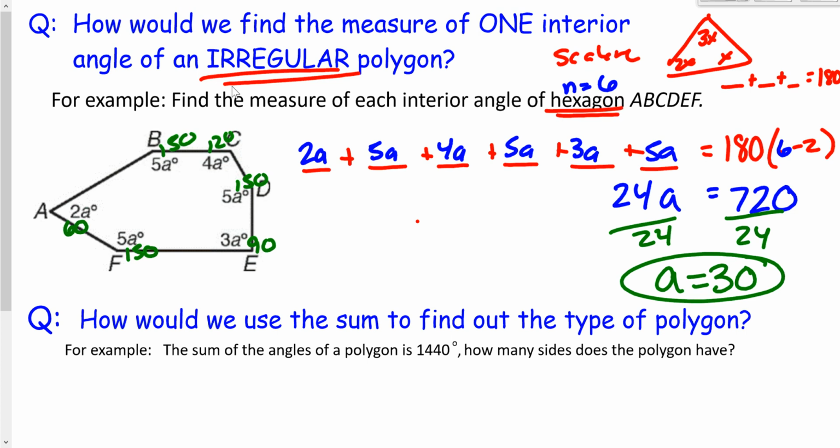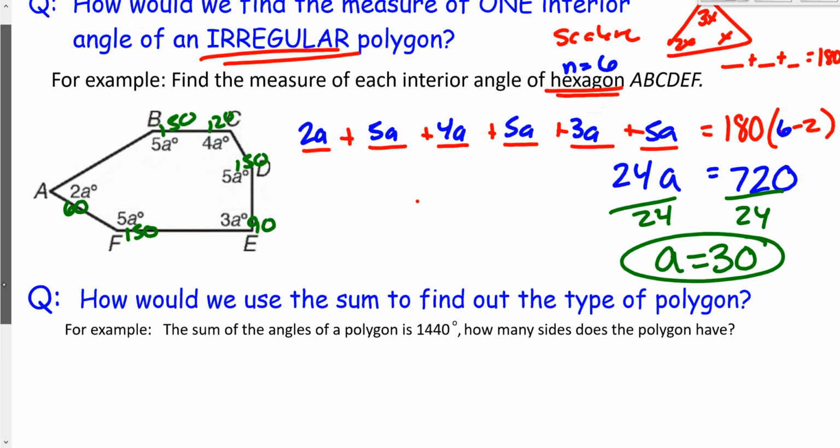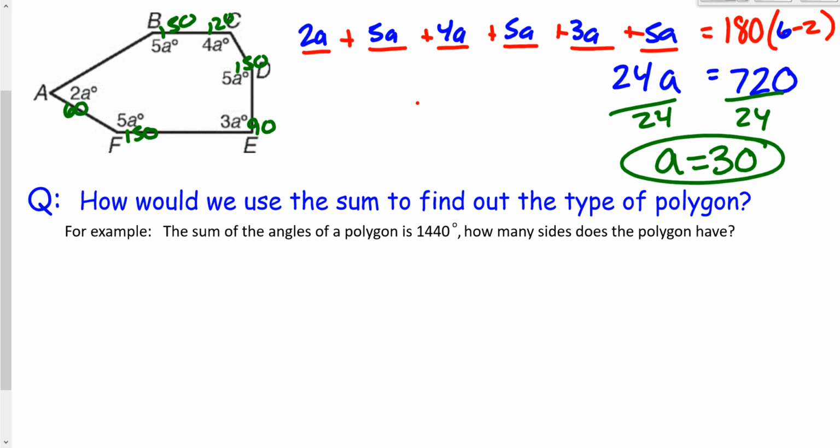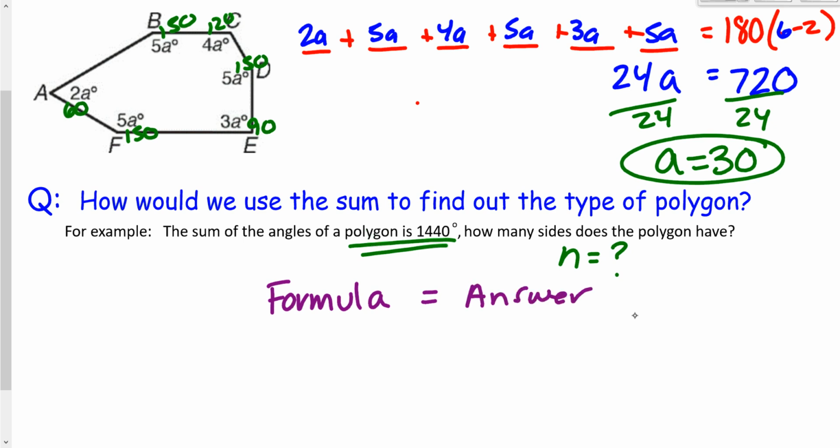How would we use the sum to find out the type of polygon it is? So now we're working backwards. If I'm given the problem, the sum of the angles of a polygon is 1440, how many sides does it have? When I am looking for n, I set the formula equal to the answer that's given.